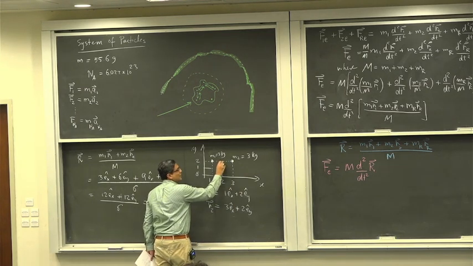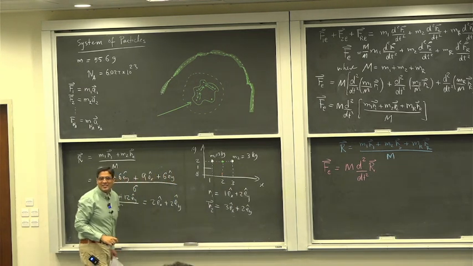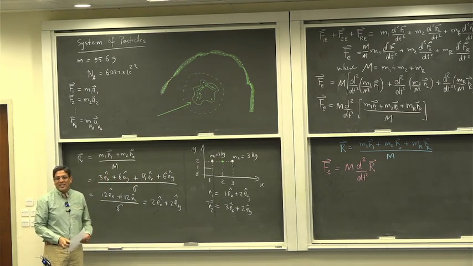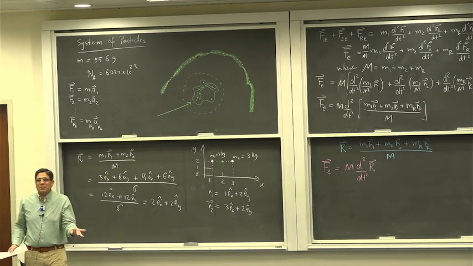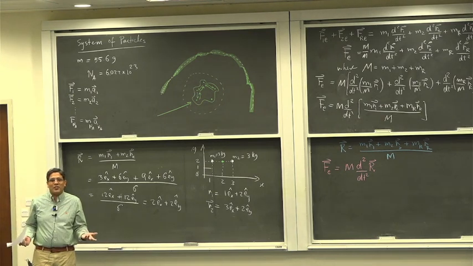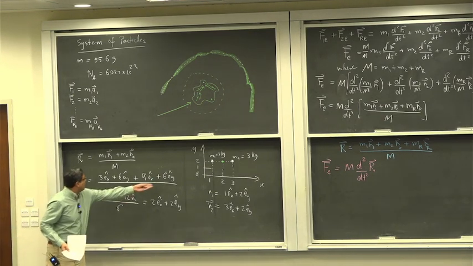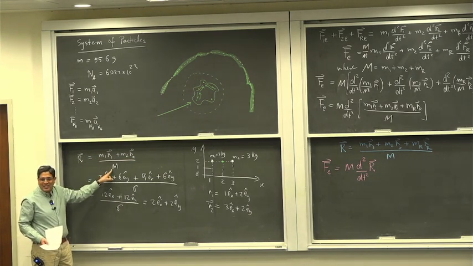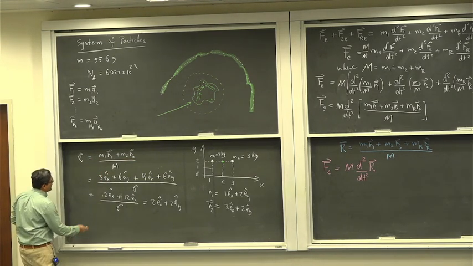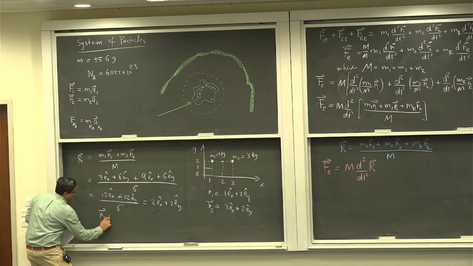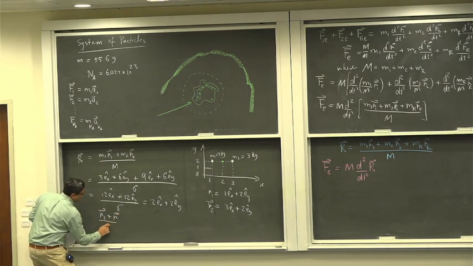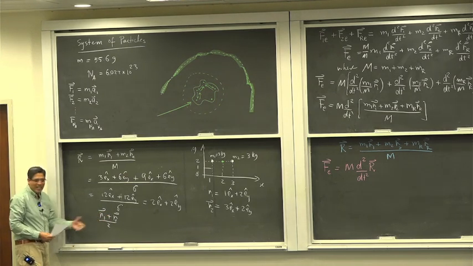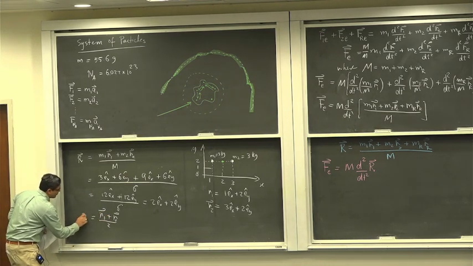So which is where? Exactly in the middle. Once you have the masses the same, then weighting the position with masses doesn't mean anything because everybody contributes the same. You can take the mass outside and it cancels, and then you can just take R1 plus R2 and divide by the number of particles, and that is your average position.